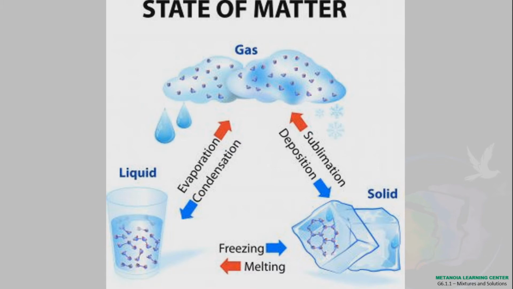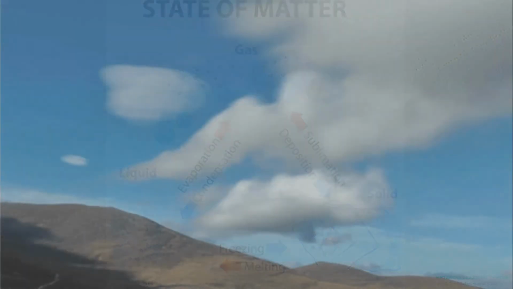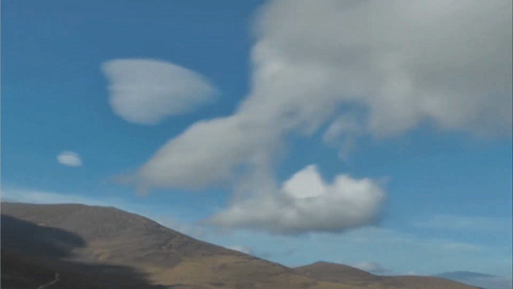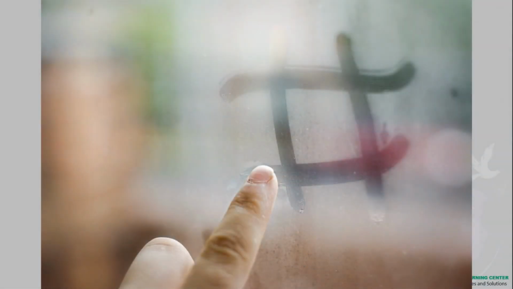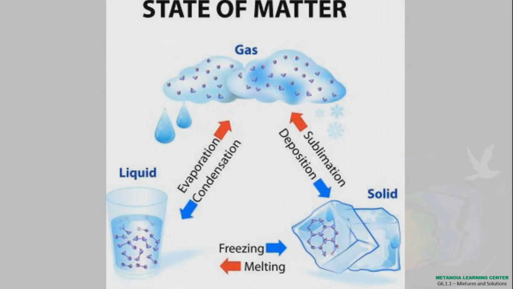Once water turns into gas form or water vapor, and the temperature will start to decrease or getting colder, the vapor will slowly start to go back to tiny droplets, just like how clouds form and how you breathe to a glass surface during a cold weather. This process is called condensation, where gas turns into liquid.